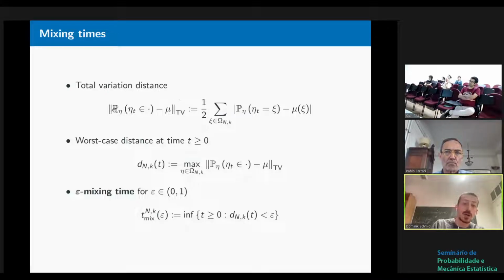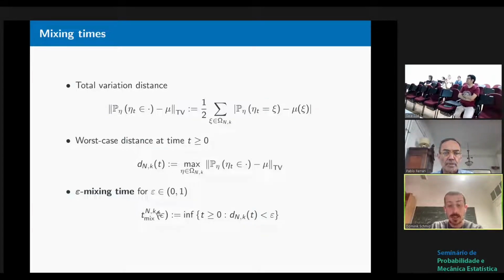And we're looking here at some fixed starting configuration eta and compare the law at time t to the stationary distribution. So what we're going to do then is look at the worst case distance at time t. So we're taking the maximum over all initial configurations in our state space, the worst case initial condition, and compare the process at time t with respect to the stationary distribution.